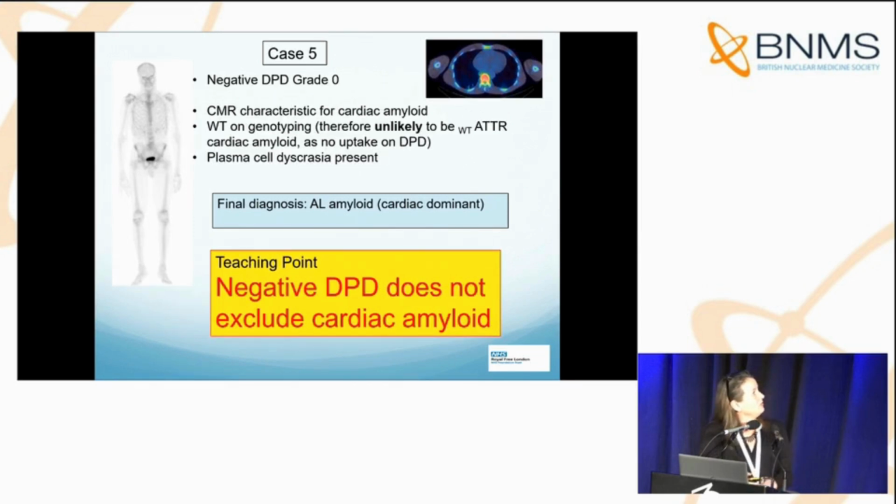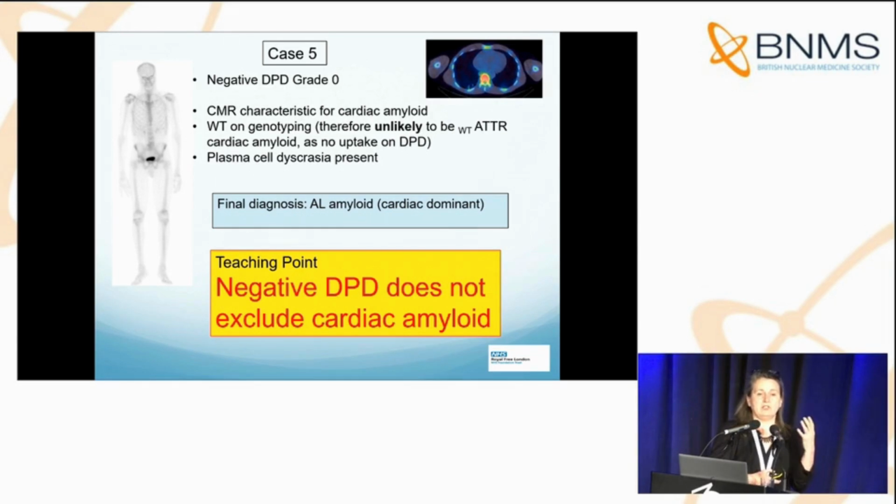So this is a patient with a negative DPD scan, grade 0. This is the danger patient. We've got a CMR positive for cardiac amyloid. They had wild type on their genotyping, but this is unlikely to be wild type ATTR. You'd expect, if the patient had wild type ATTR, to have a grade 2 or 3.